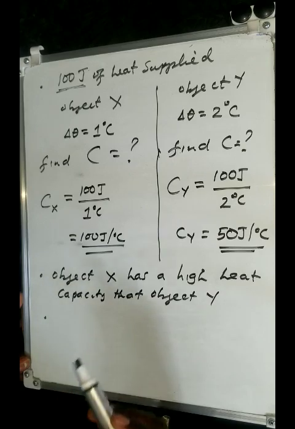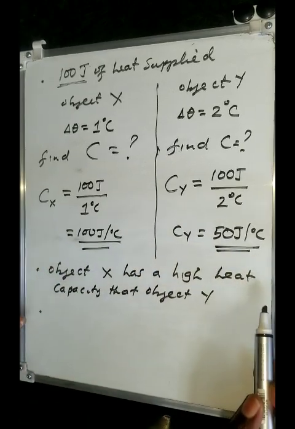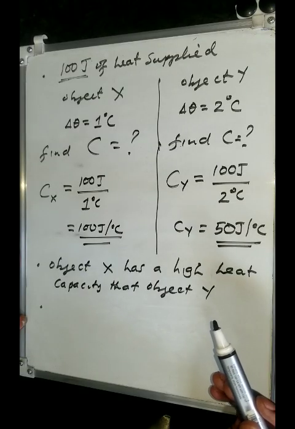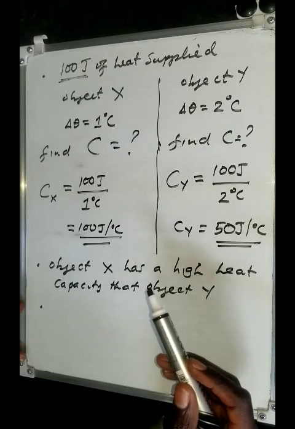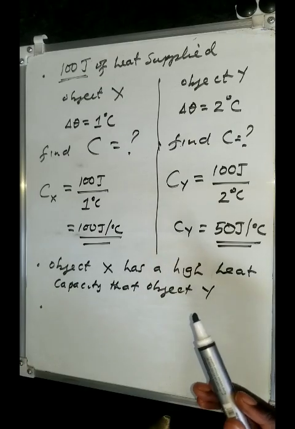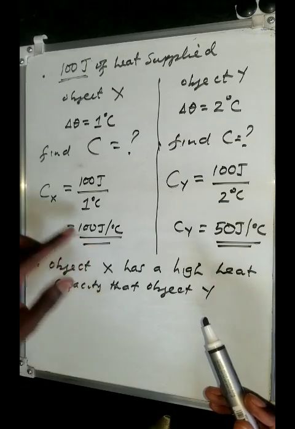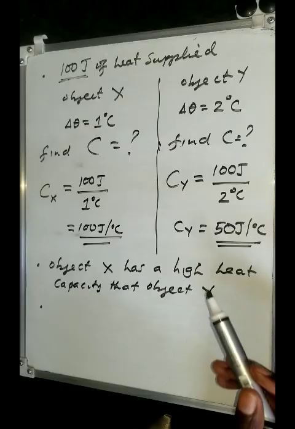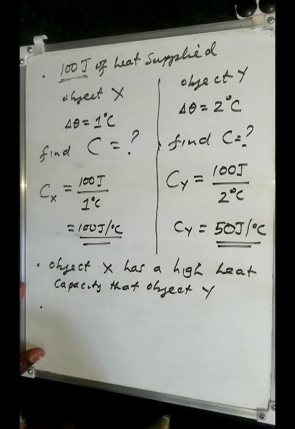What else can we conclude relating to this example? It simply means that the increase in temperature of object X is less than object Y. So if something has got a high heat capacity, the increase in temperature is less as compared to the one with a low heat capacity. That is the whole idea.